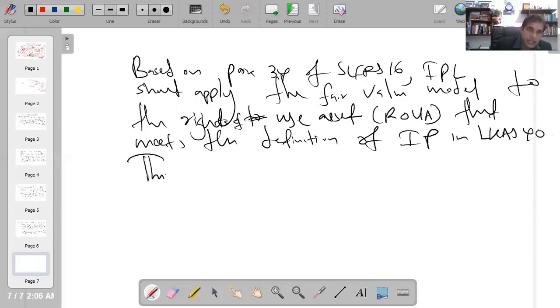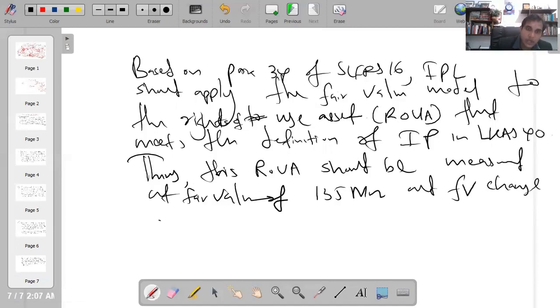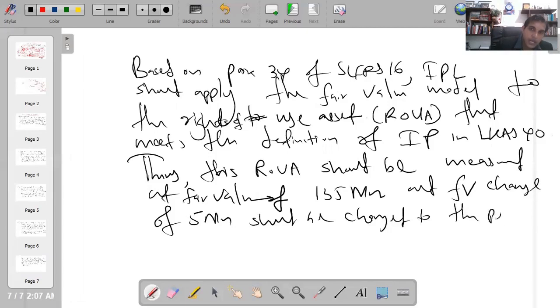Thus this right of use asset should be measured at fair value of 135 million, and the fair value change of 5 million should be charged to the P&L.